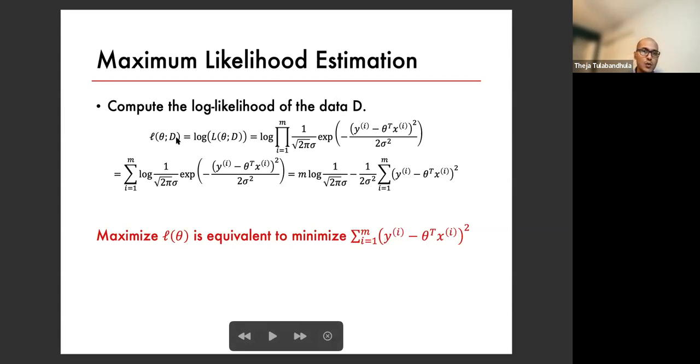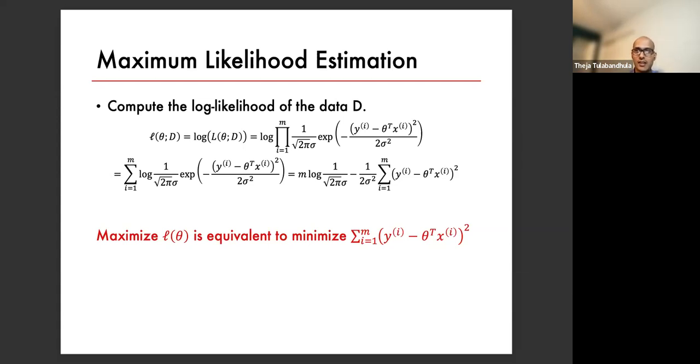Now, why is maximizing the log likelihood the same as maximizing the likelihood? That's because the log function is an increasing function. If you plotted log of, let's say, a, first of all, log of a is defined in the positive region.